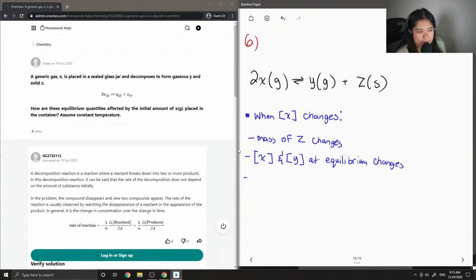Okay, so since Y is a gas as well, if there was more or less of our initial X, then that means the pressure inside this sealed glass jar will change as well. So I'm going to just say total pressure changes.